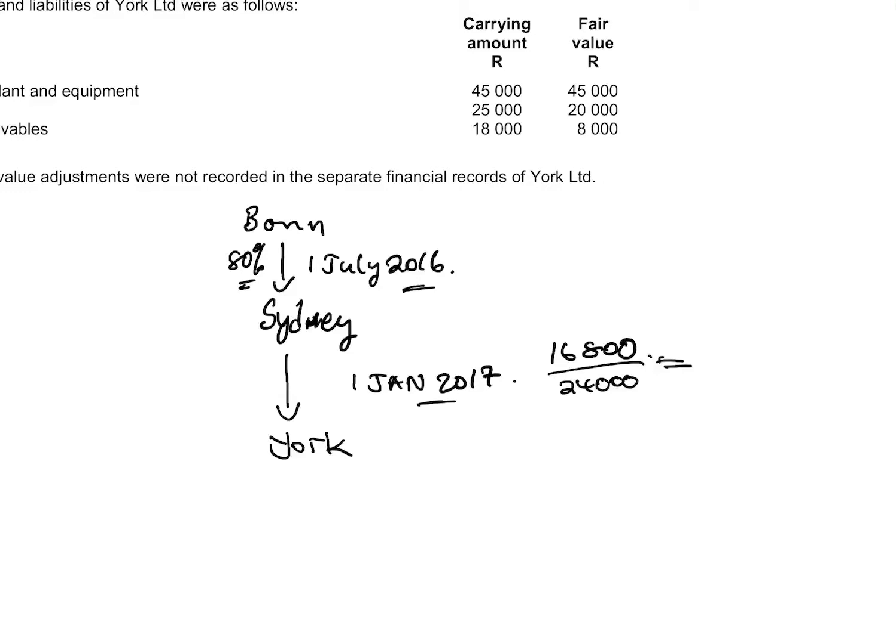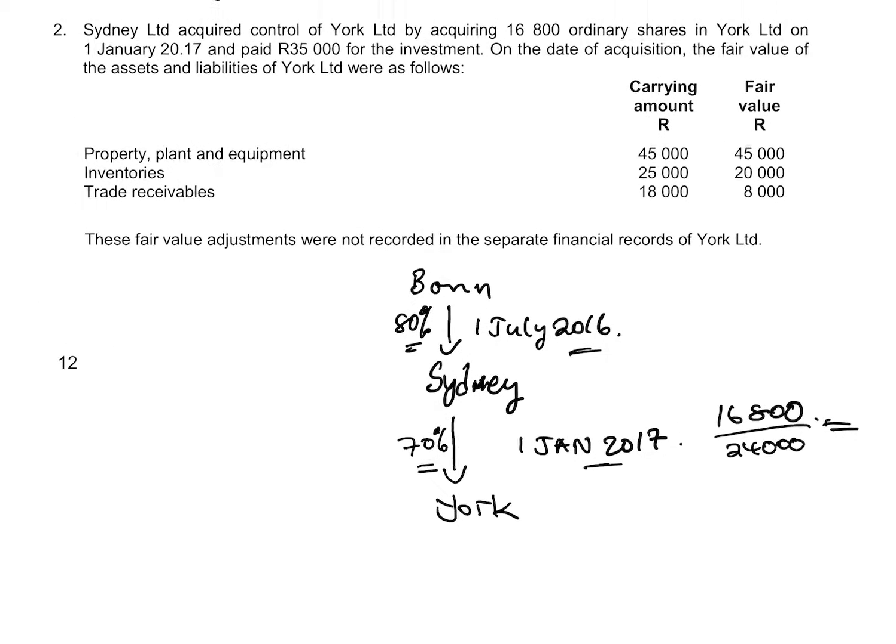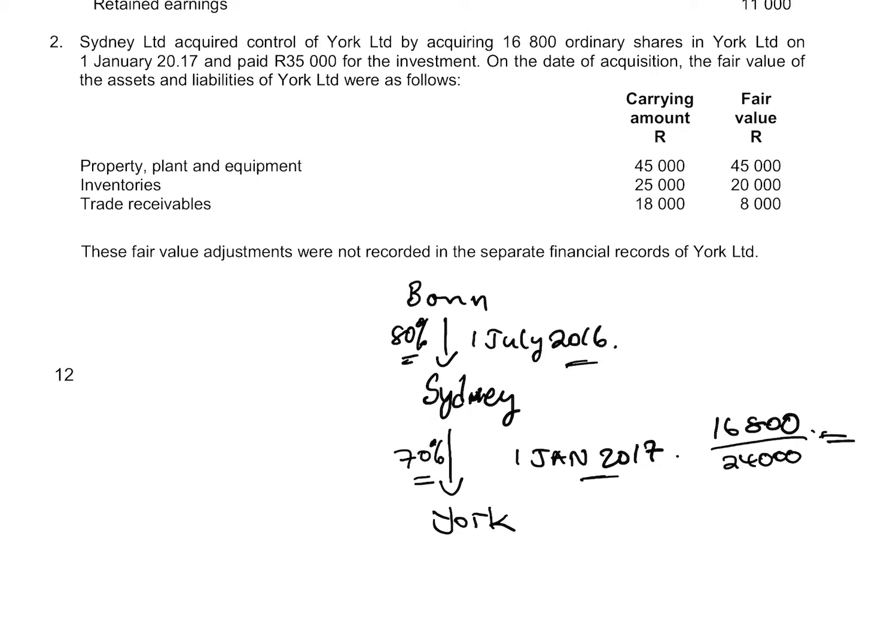It is going to give us 70%. So in the Bond Limited group, Bond has 80%, and Sydney has 70% in York.